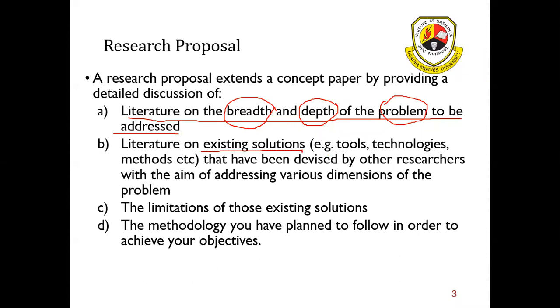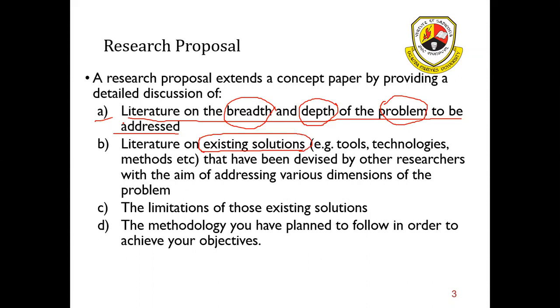Now, when you're reading literature, you read literature on existing solutions, because are there existing solutions for the problem you have identified? Let me go back to the example I gave on our first point, which was mHealth. You want to design an mHealth application. Are there existing solutions?